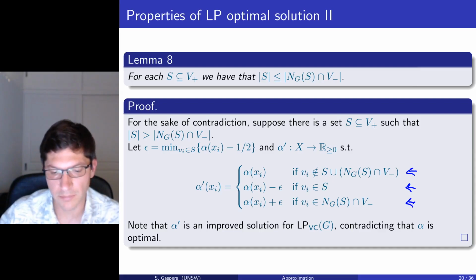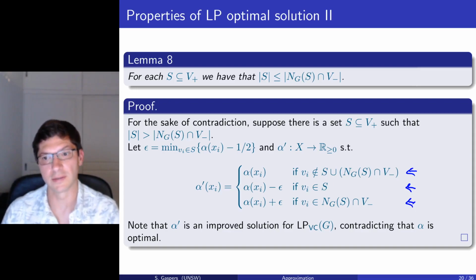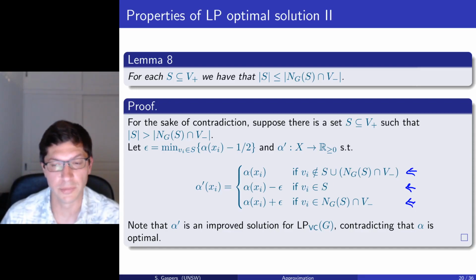And now we can observe that x prime is an improved solution for the LP. And this actually contradicts the fact that the solution we had in the beginning is an optimal solution.